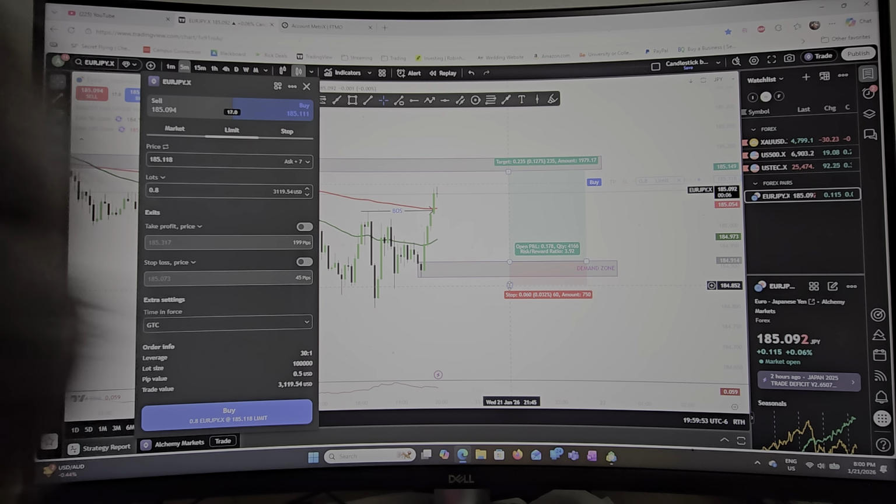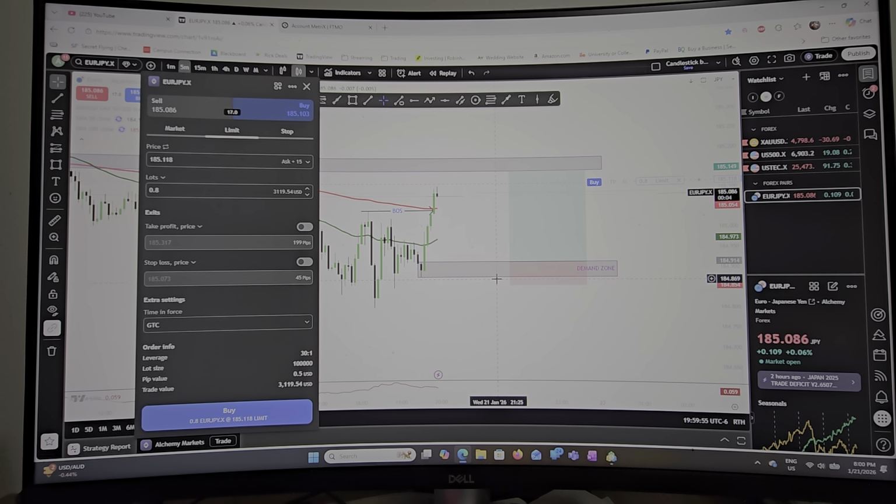With gold, I can have my stop just below the low, a little closer. But with currency pairs, I like to give room for the spread, so let's do a 3.5, 3.7.